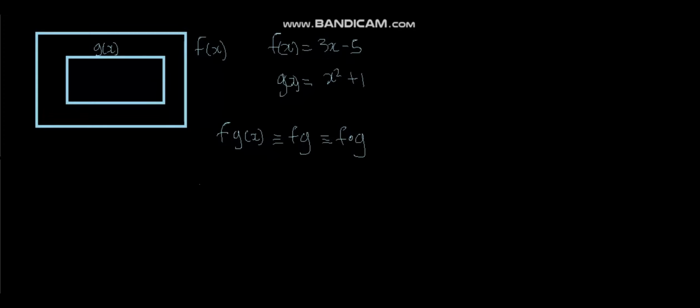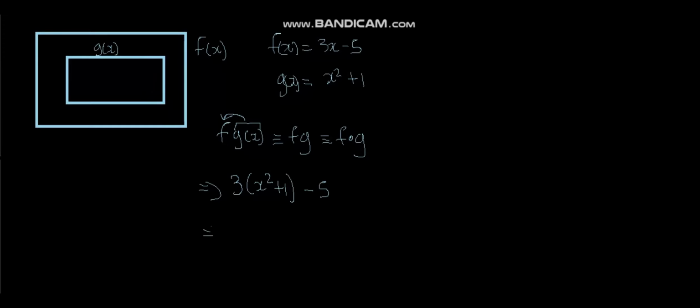What it's really trying to tell you is wherever in my function f, wherever I see x, I put g of x into my function f. Let's see this in action. So starting with the function f, so 3, look, I see x, so I'm going to put g of x, which was x squared plus 1 and minus 5.